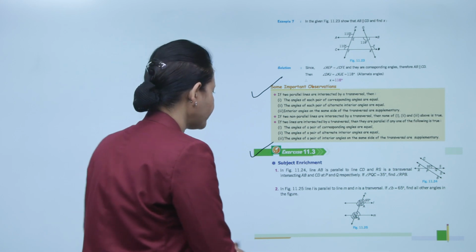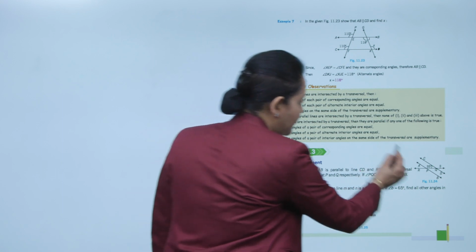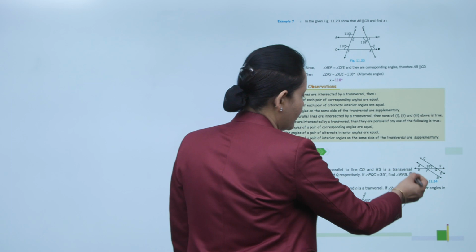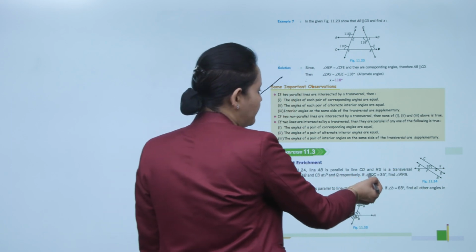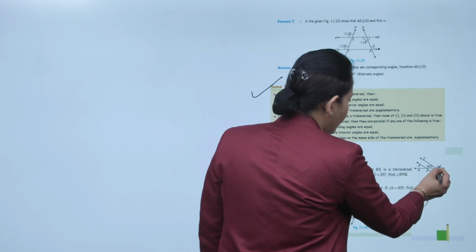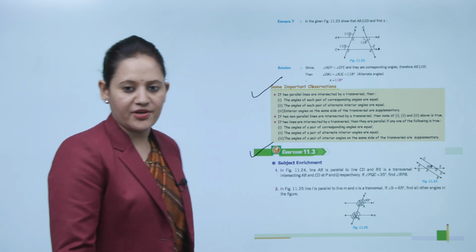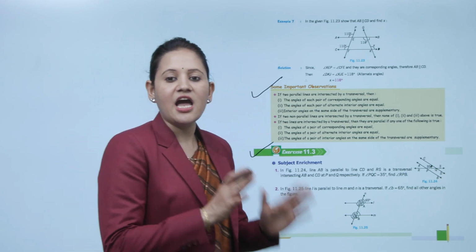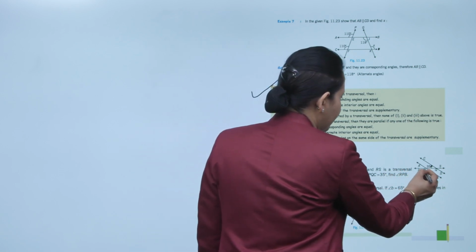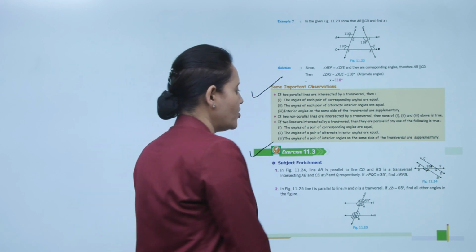So here, line AB is parallel to line CD and RS is the transversal. Angle PQC is given to us as 35 degrees. We have to find the angle RPB. This one. Clear?